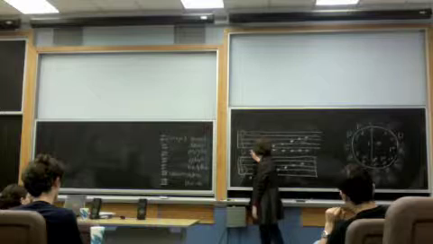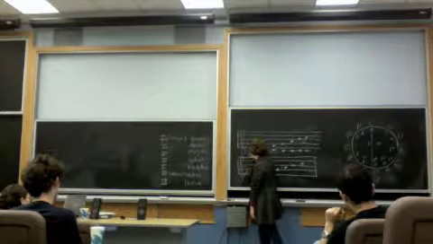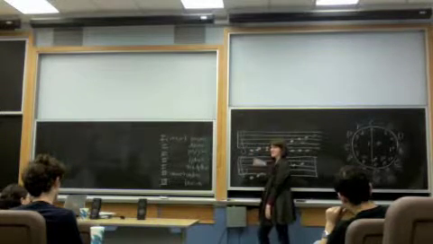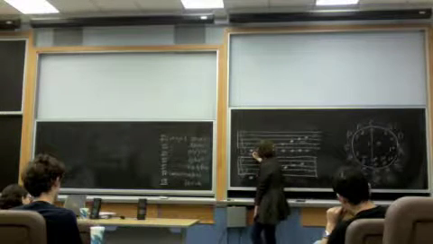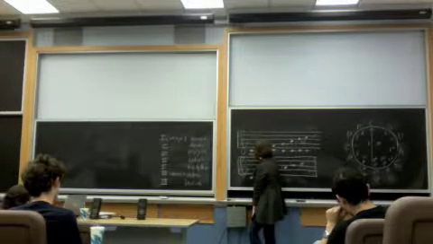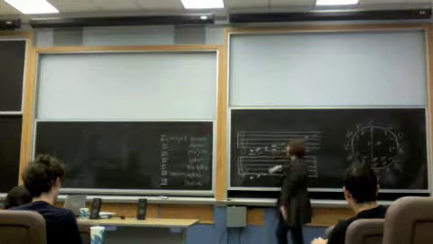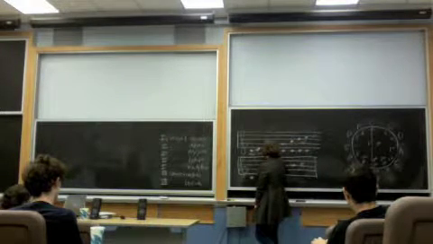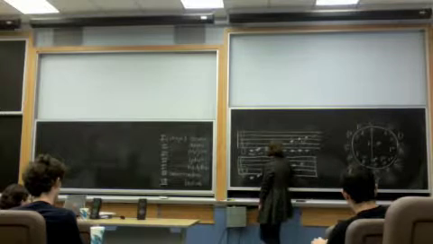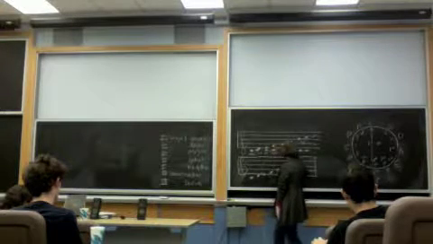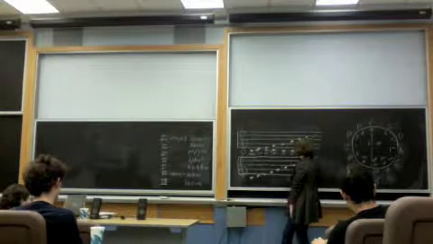This is a perfect unison, amazingly enough, because it's just one note. A second, amazingly enough again, because it's just two notes. Third, fourth, fifth, sixth, seventh, and an octave.